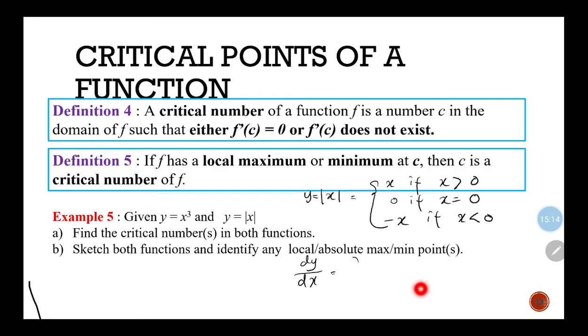Just differentiate each part here, right? Differentiate x, you get 1. Differentiate 0, you get 0 also. Differentiate minus x, you get minus 1.